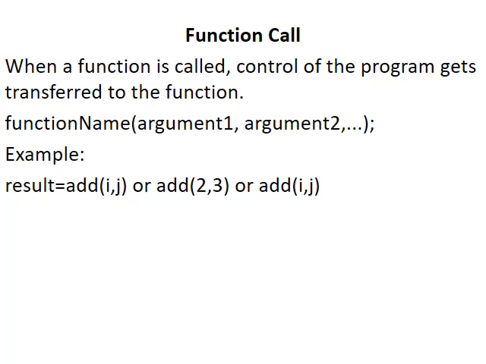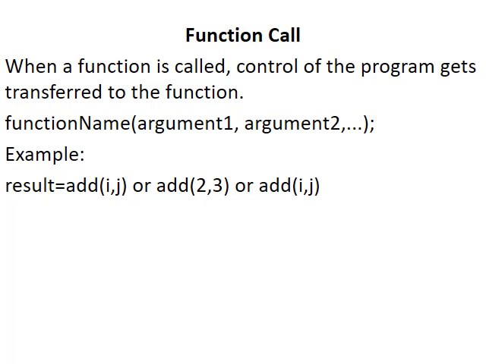Now in the function definition, whatever values are given in i and j will be copied to the formal arguments, that is a and b given there. Then it will perform the addition task and return a plus b is executed, and the result of addition is sent back to the calling function, and that result will be stored in the variable result.